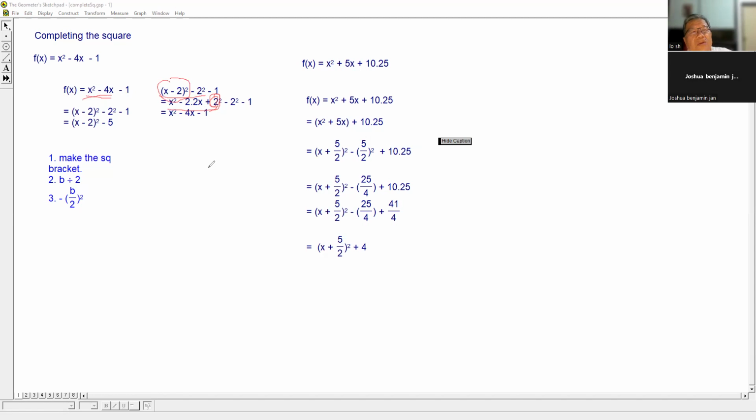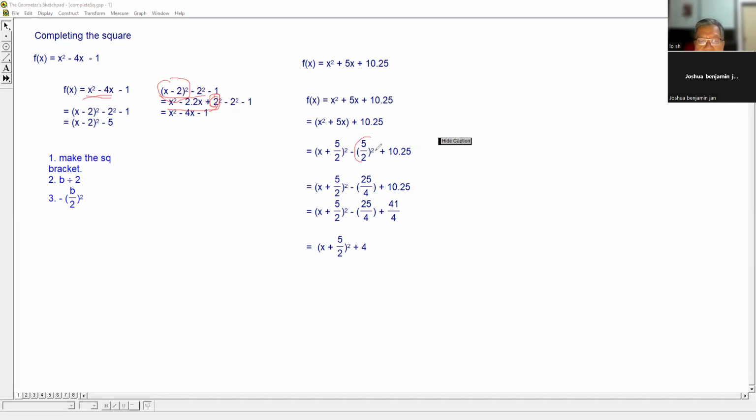Okay, so I repeat. The reason why I minus the 2 squared here is because when I expand the bracket, there will be an extra 2 squared there. So I have to minus the 2 squared, then it cancels back. That is the reason why I minus 2 squared.